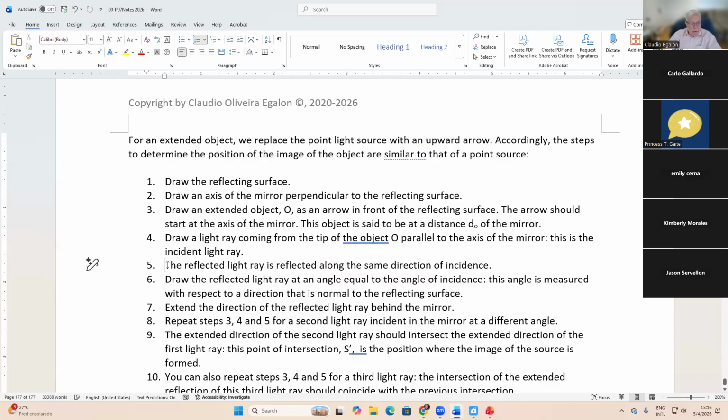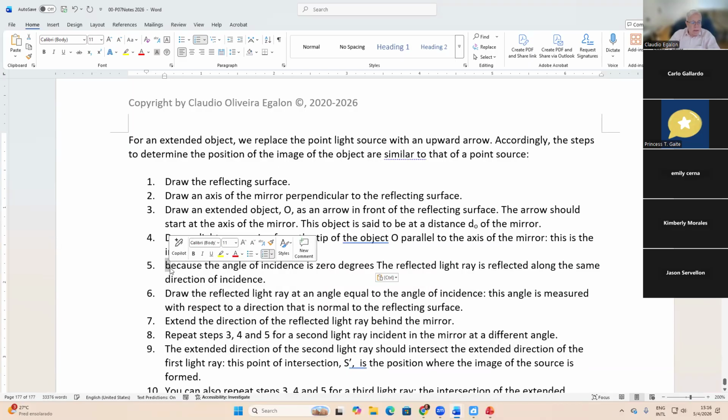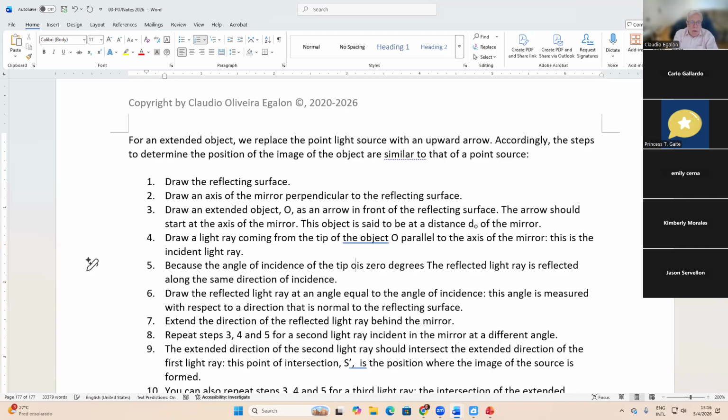Because the angle of incidence of the tip of the arrow is 0 degrees, the reflected light ray is reflected along the same direction of the incident ray.